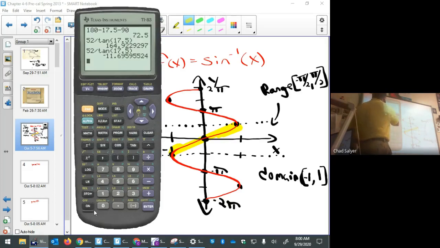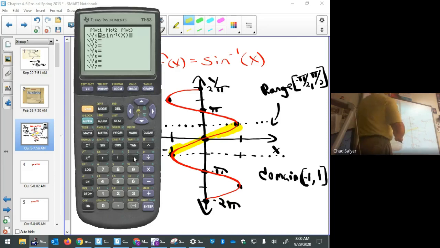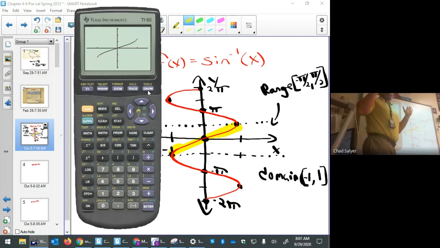Okay, so we'll do the sine inverse of X. And the window needs to go from negative 1.5 to 1.5 for the X. For the Y, let's go negative pi to pi. And you see, you only get the part that I highlighted. The rest of it just doesn't count.